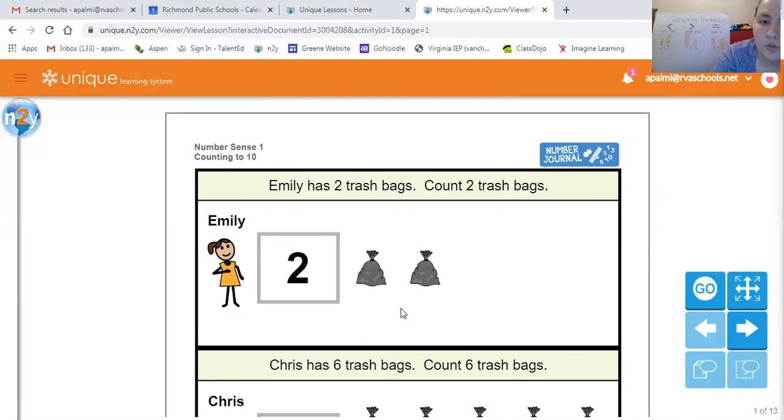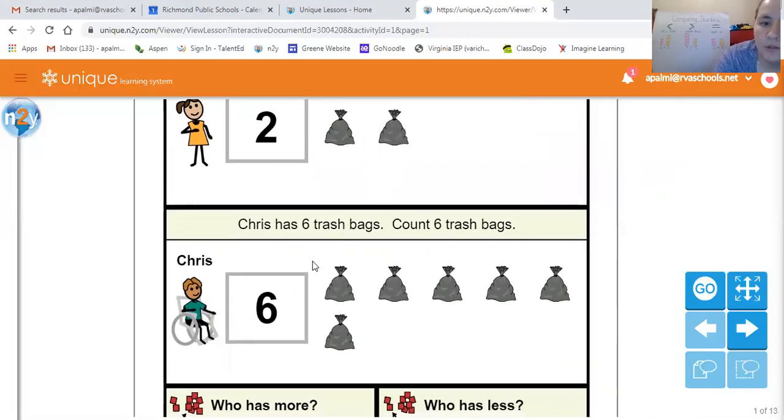So Emily has 2, and then we have our friend Chris here. And Chris has, what number is this? What number does Chris have? 6, good. So I'm going to use my yellow blocks for Chris, and I want you guys to help me count while I build my number for Chris.